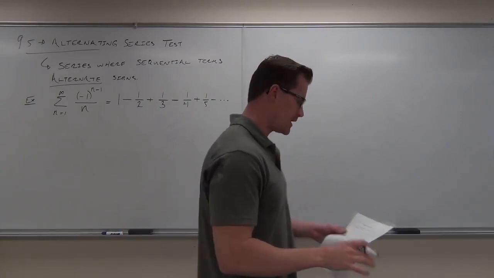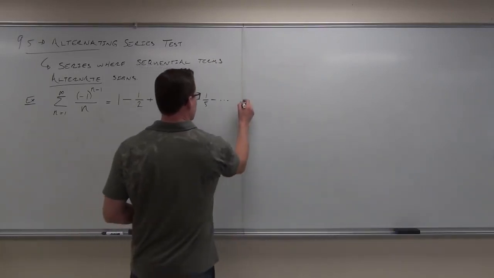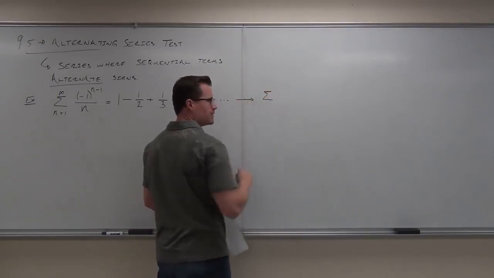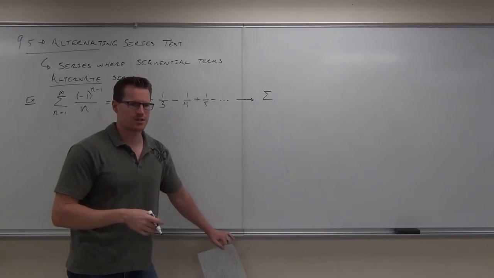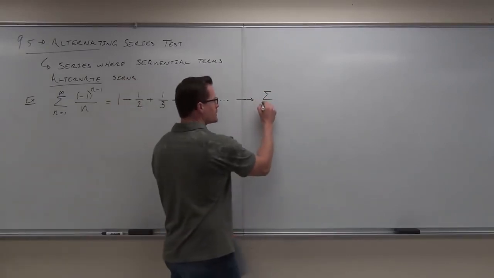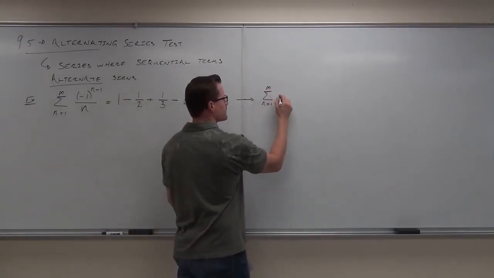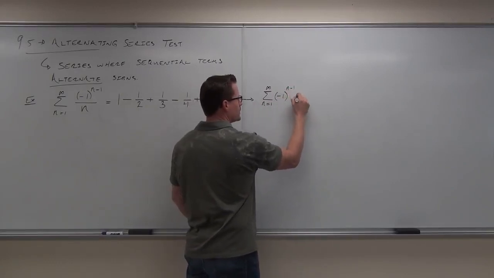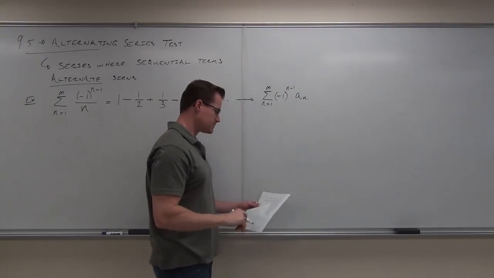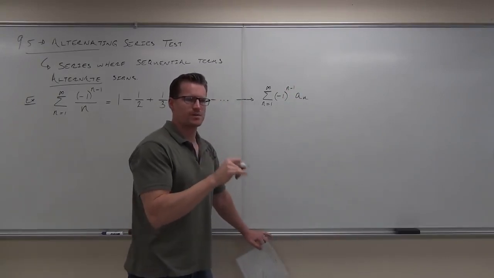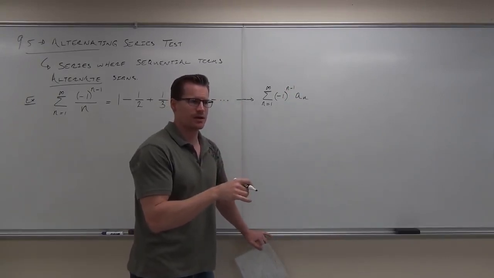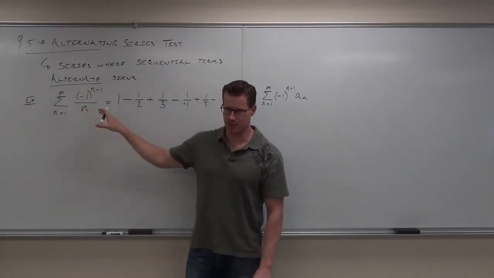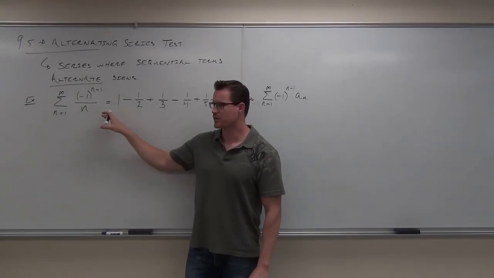Now, what's quite interesting is that any of these alternating series that do this can always be written as -1 to the n minus 1 times some other a sub n that is always positive. So for instance, the only thing that's giving this the sign change is the -1 to the n minus 1. You guys agree with that?